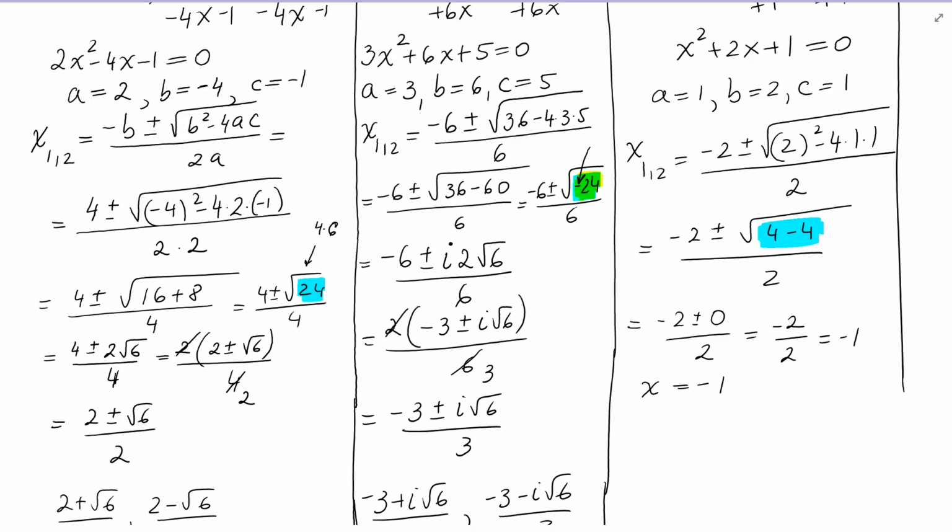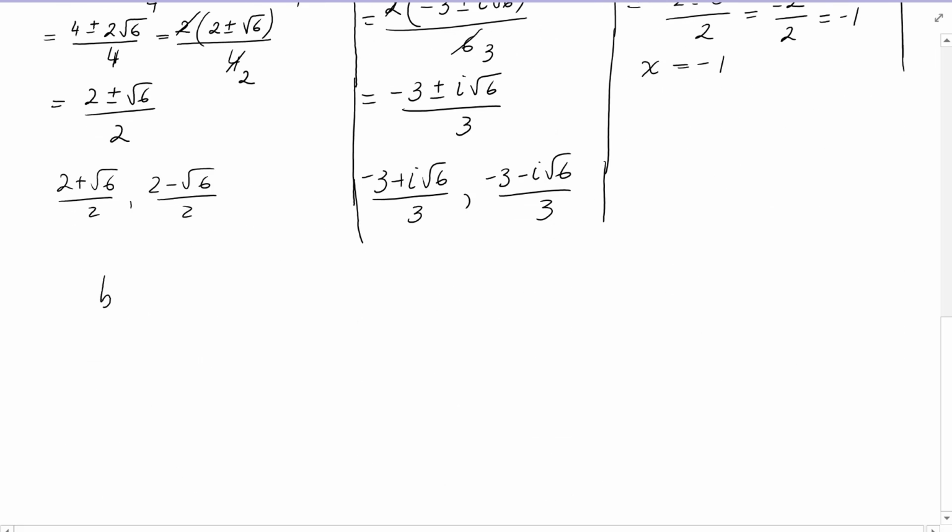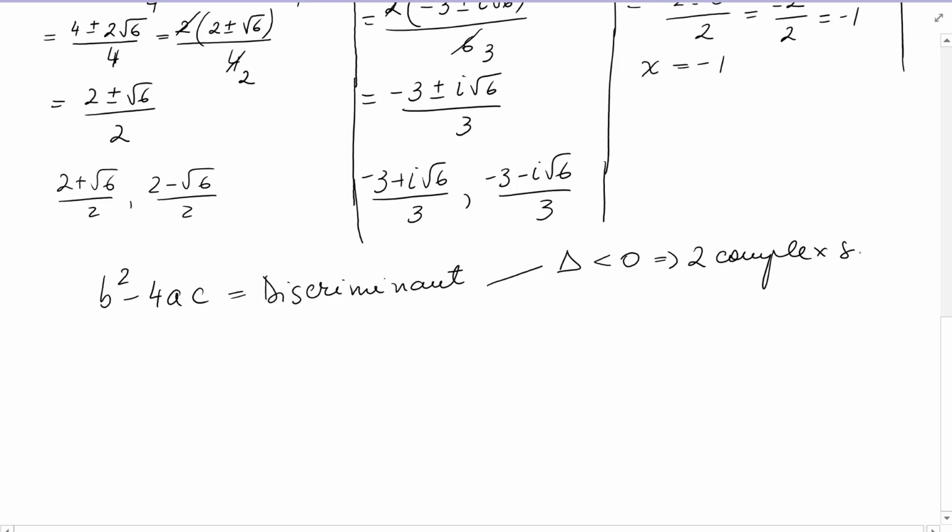So basically b squared minus 4ac, which is called the discriminant, is actually telling us how many solutions our problem has. So if this discriminant, let me call it delta, is less than 0, then we have two complex solutions.